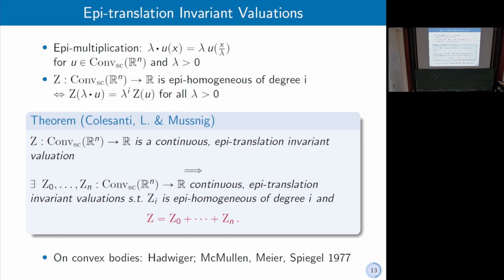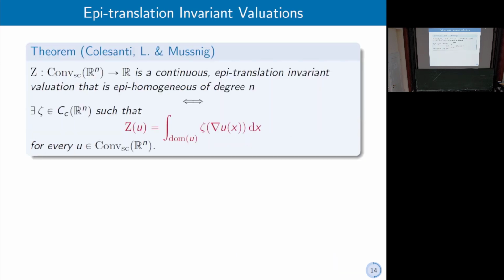But this also means that it's possible to look at all these components separately, and in particular, the first component, the epi-homogeneous component, behaves nicely. So we have the following result. If we have a valuation that is continuous, epi-translation invariant, that is epi-homogeneous of degree n, so the highest degree that appears in this decomposition, then this is the case.